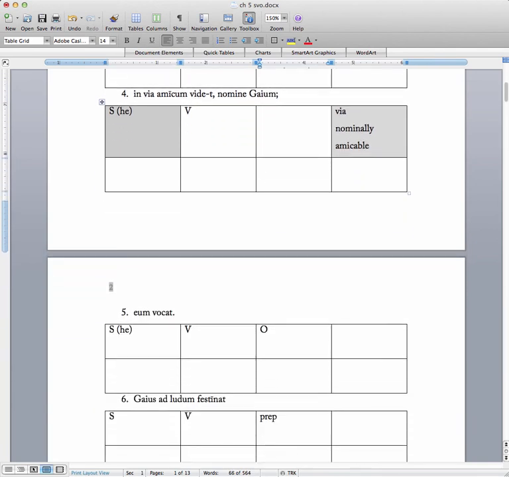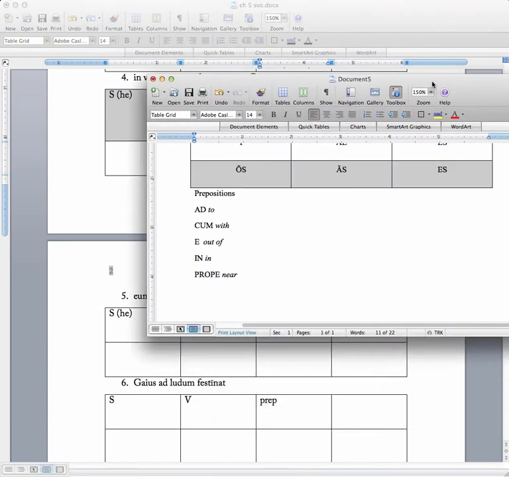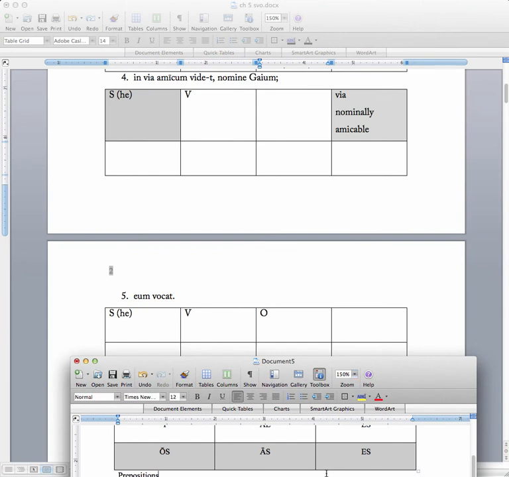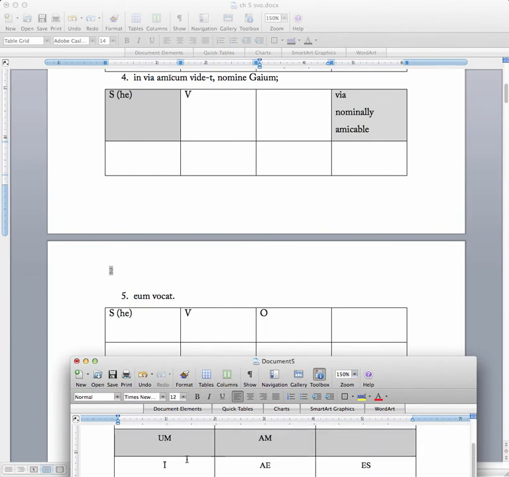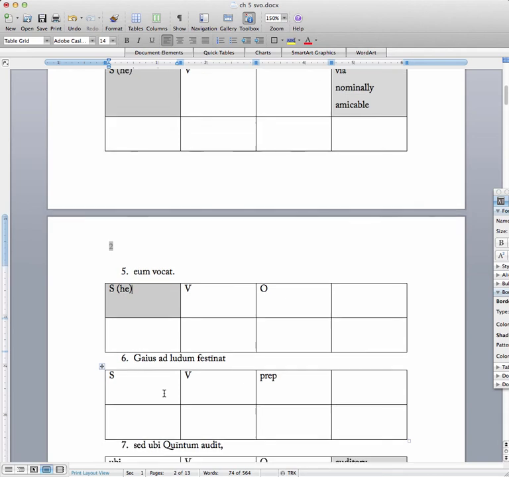Okay, number 5, you can do this by yourselves pretty much. Check the chart to see what kind of ending M is. Ium, vocat, what kind of ending that is. When it's subject and then it says he in parentheses, that means there's no subject for you to find.